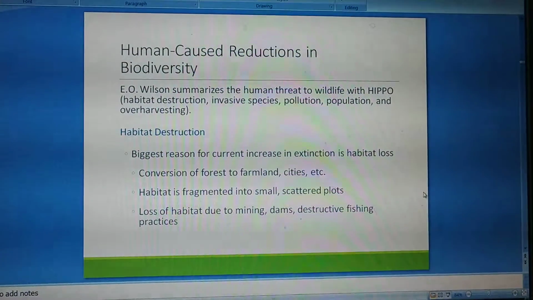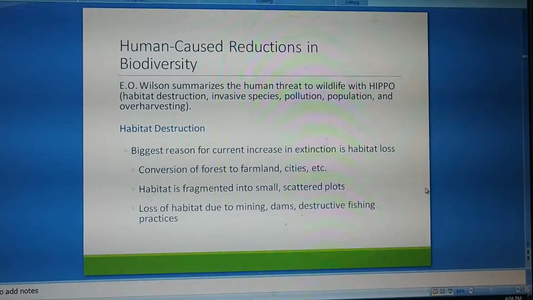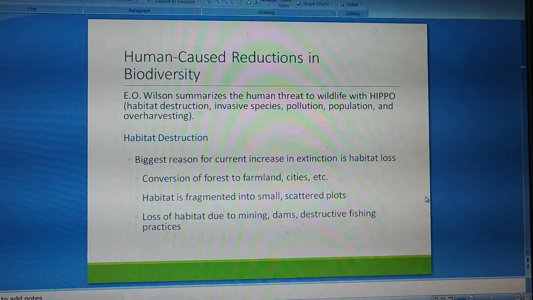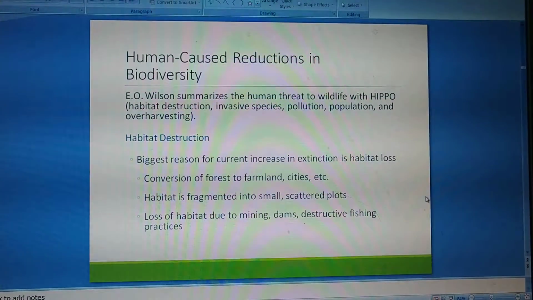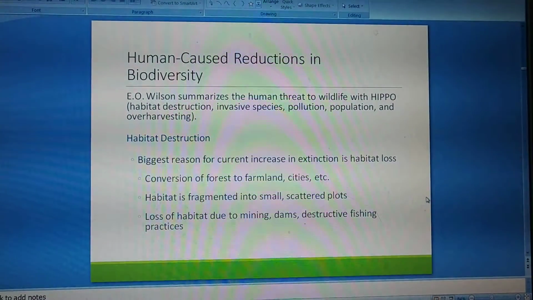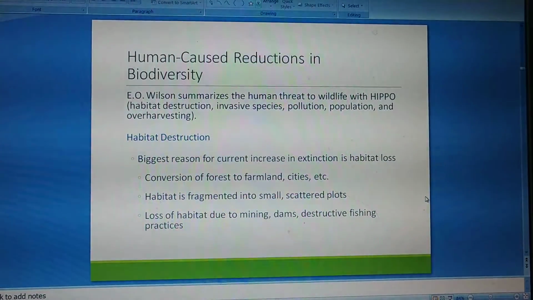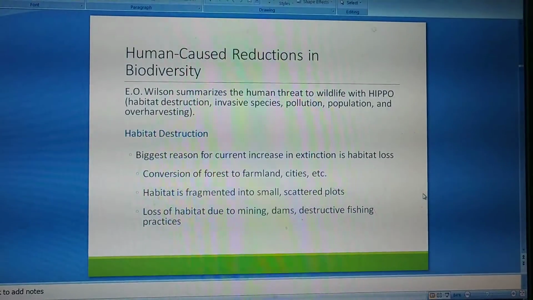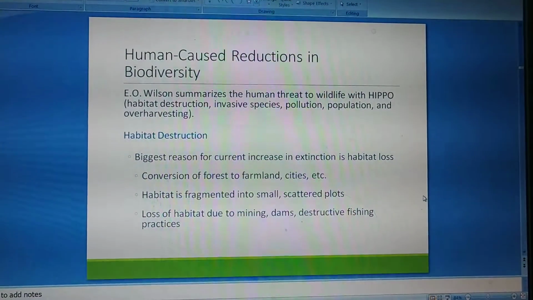When you look at E.O. Wilson, he summarizes the human threat to wildlife with the idea of HIPPO: habitat destruction, invasive species, pollution, population, and overharvesting. So habitat destruction is probably the biggest reason for the current increase in extinction.